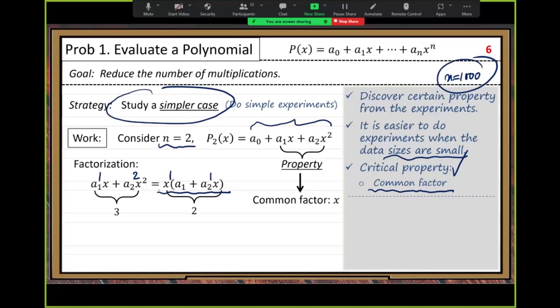By factorization, we get a significant gain, from 3 multiplications to 2 multiplications. A good reduction.